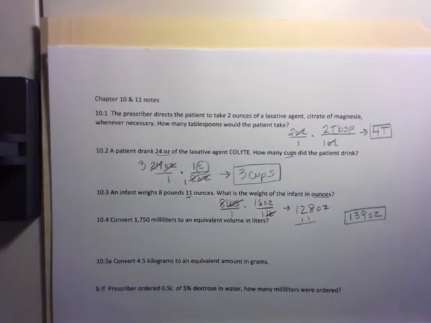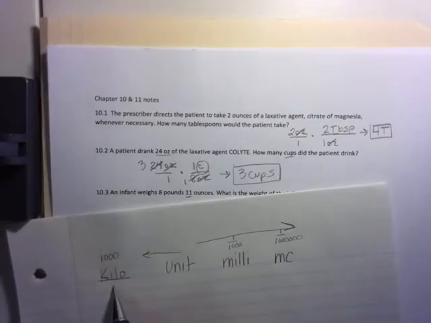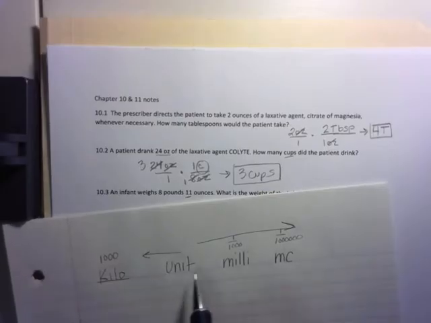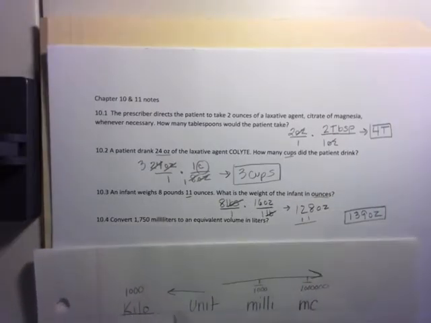So here we're taking milliliters, and we're going this way. So we would move our decimal. In med math, we really only use kilo, milli, and micro. And every time you skip one of these, you're going 3 decimal places.